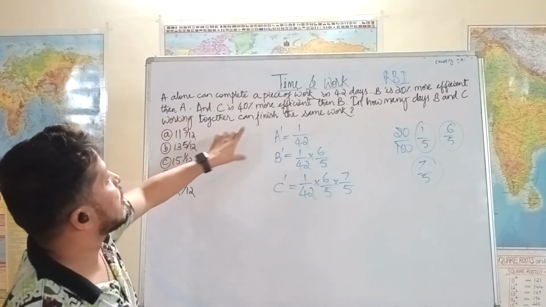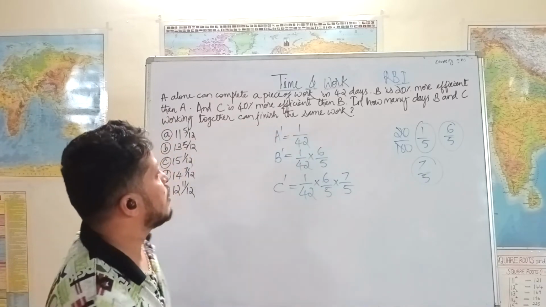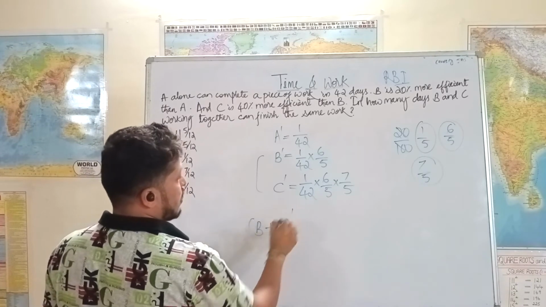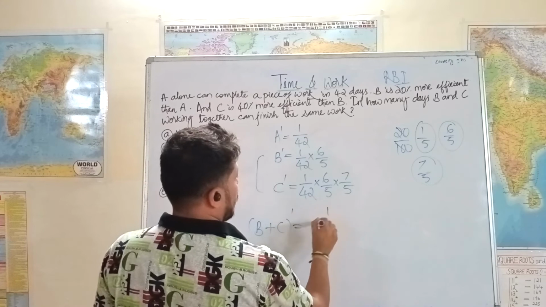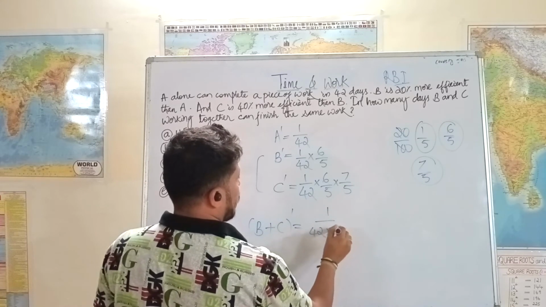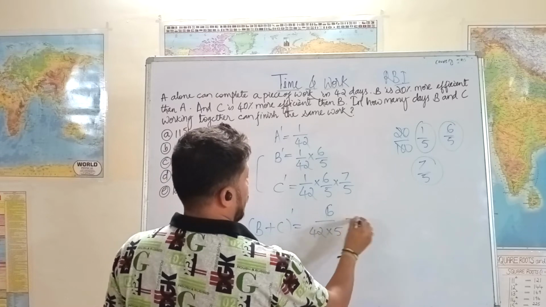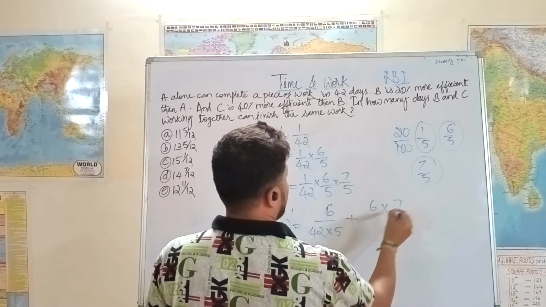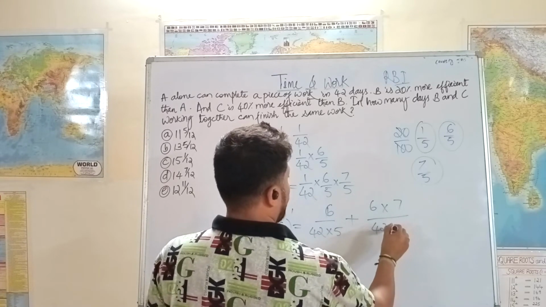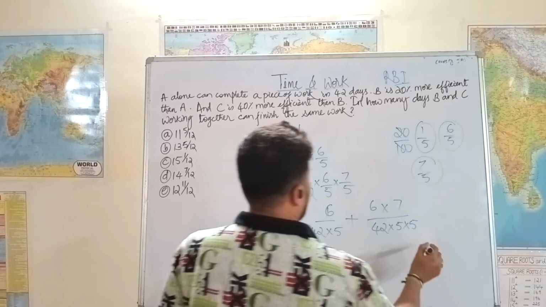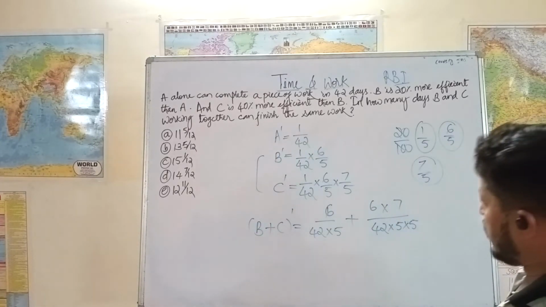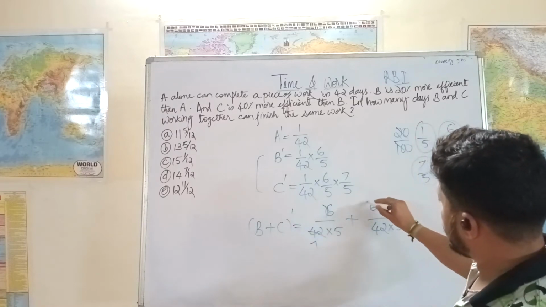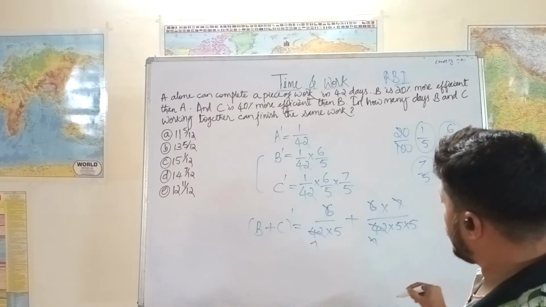Now if B and C are working together, in how many days can they finish the work? Let's take this. If they are working together, efficiency of B plus C is equal to 1 by 42 into 6 by 5, plus 6 into 7 divided by 42 into 5 into 5. Okay, let's simplify wherever possible. The 7 gets cancelled here.